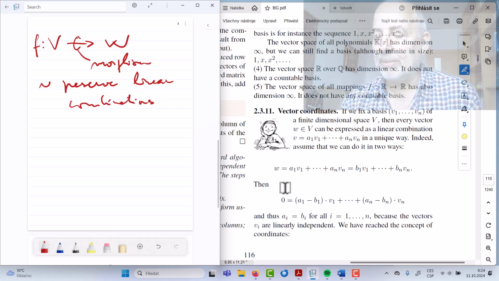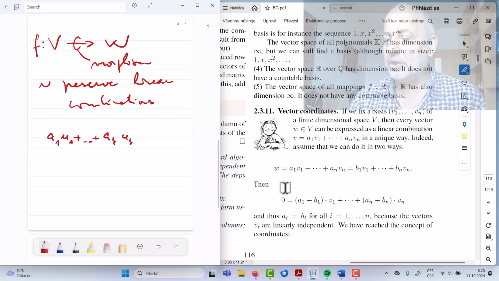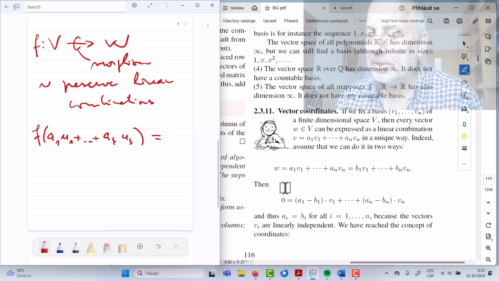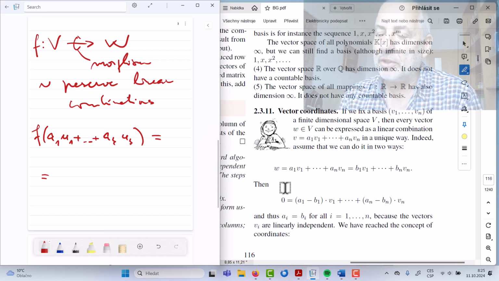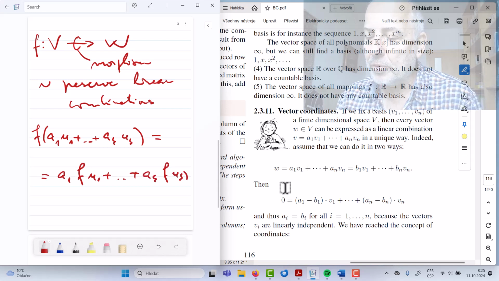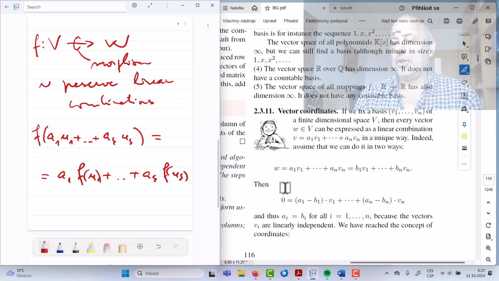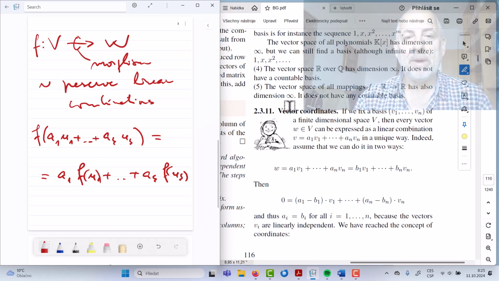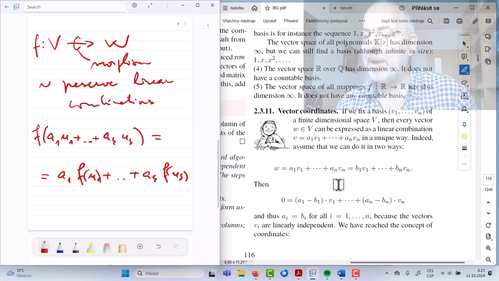If I have something like a1 u1 plus and so on, ak uk, that's a general linear combination of k scalars and k vectors, then I just add the scalar multiples together, then I apply f to this, and this must be the same linear combination of the images, so a1 f(u1) plus and so on, ak f(uk), and that's it. And I will finish this week by noticing that we do have one such linear mapping always.